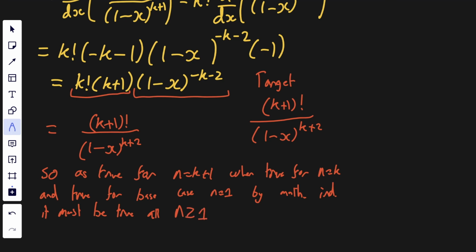And we're done. So a reasonably difficult example, but it's not the most complicated that we can expect from this type of induction. I hope this has been helpful, and I will see you in the next video.